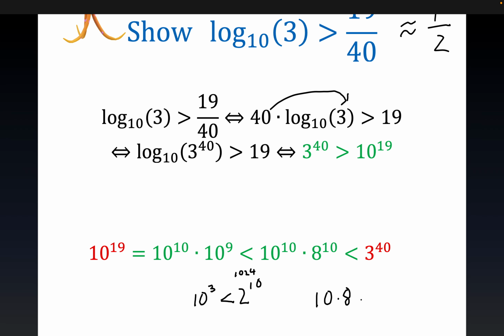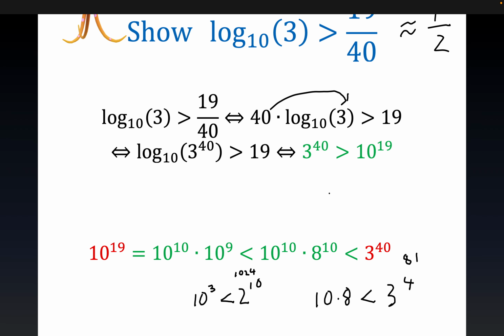But that's equal to 80, and that's strictly less than 3 to the 4th power, right? 3 to the 4th is 81, and that's one more than 80, right? 3 to the 4th is 81, 8 times 10 is 80, so 81 is greater than 80. And that's essentially why this is all true. So we've proved it. We can write down QED. It all works out nicely.